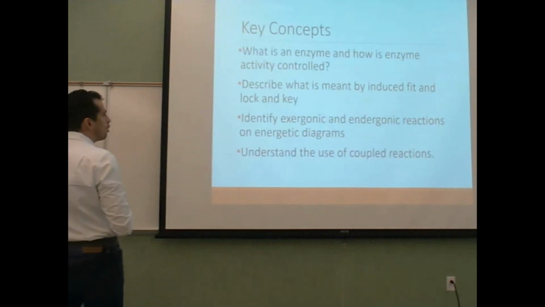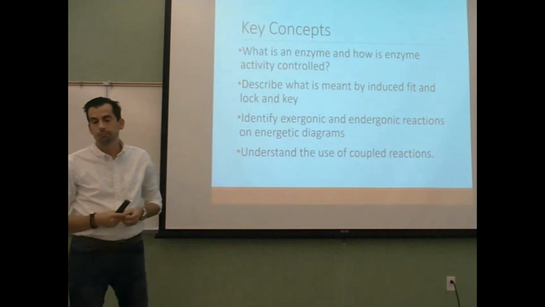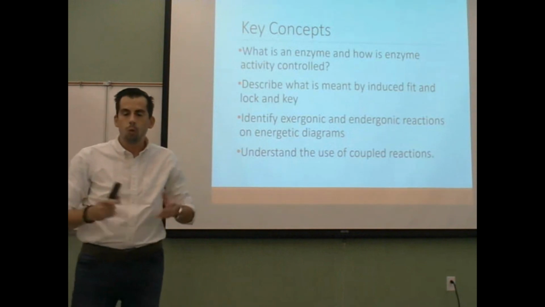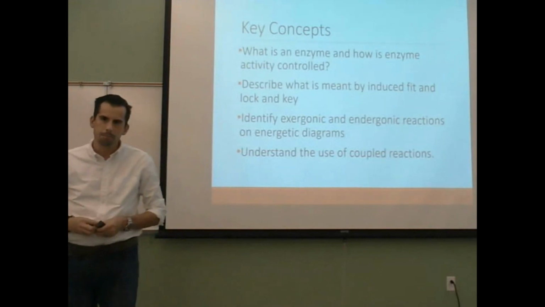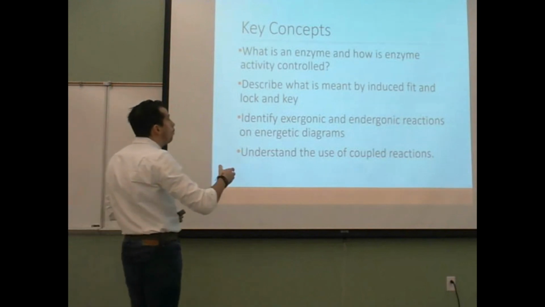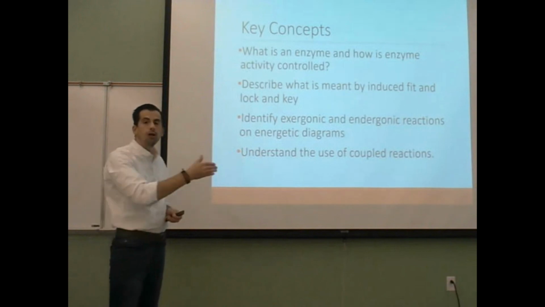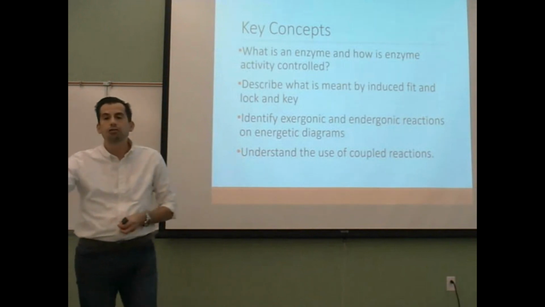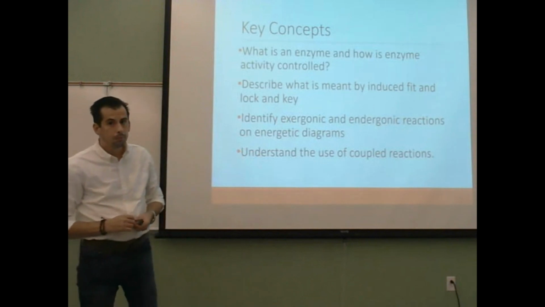So when we look at the key concepts from this section, you should understand what an enzyme is. What role does it play in the reactions we talked about last time? You should understand how we regulate enzymatic activity and what that means for the rates of the reactions that it governs.